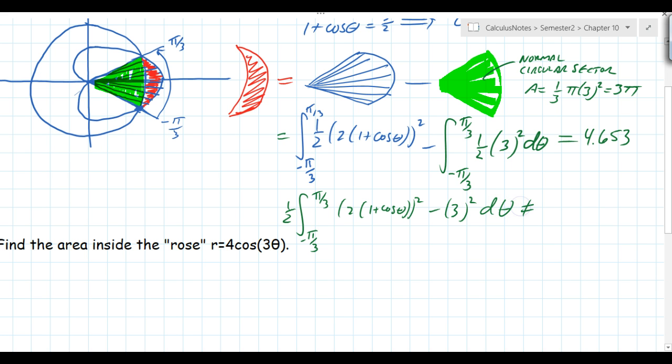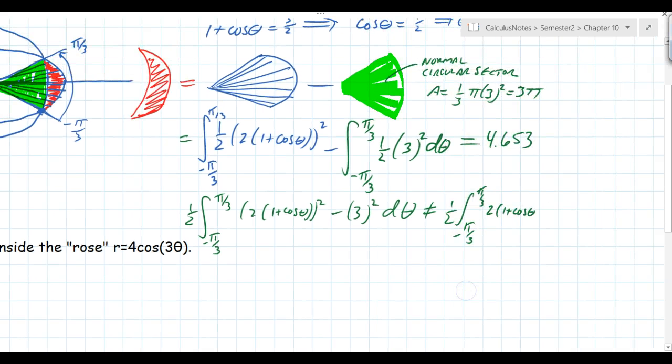That is not the same as doing 1/2 the integral negative pi over 3 to pi over 3 of r minus r squared. That is not the same. Okay, so that would give you the wrong answer doing it that way. But you can put both expressions inside and pull the 1/2 out in front, and that'll give you the same answer. Okay? Other questions?